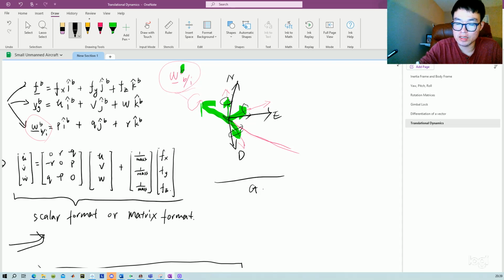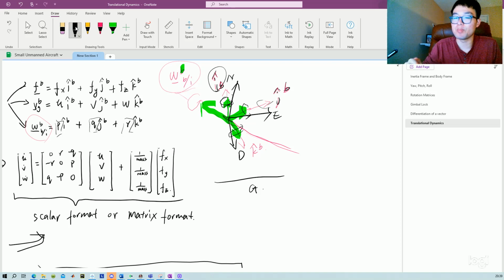And this rotation, how fast in that direction IB, this unit vector direction, is modeled by P, Q, and R in those axes. So JB is the rotating axis, and I should use the red color.